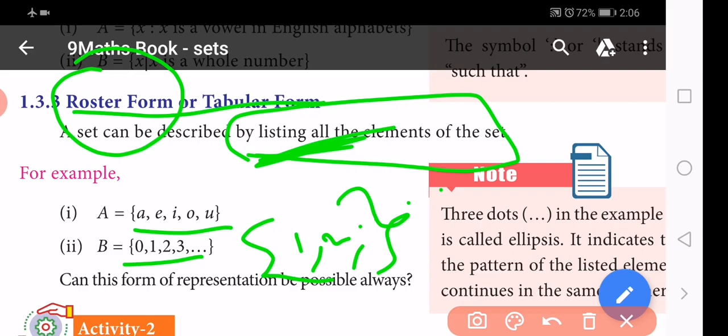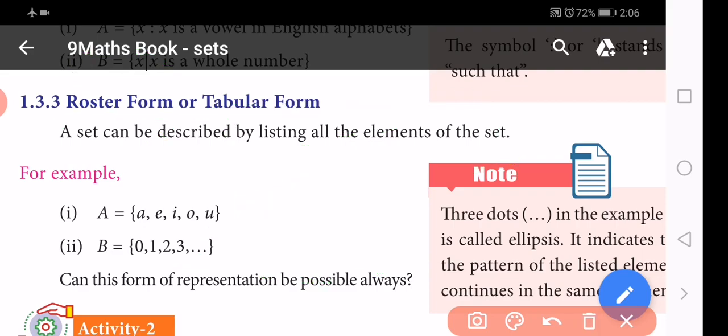The set of all vowels in English alphabet, it is a descriptive form. We write this in standard roster form, that is A equal to {A, E, I, O, U} within curly brackets. And second one, the set of all whole numbers, B equal to, within set notation we write the whole numbers one by one separated by commas, that means 0, 1, 2, 3, and so on.